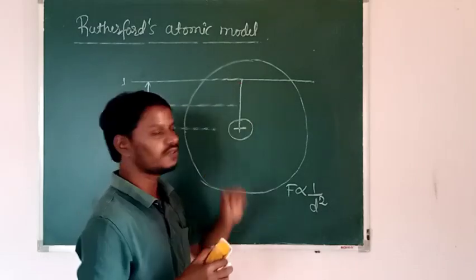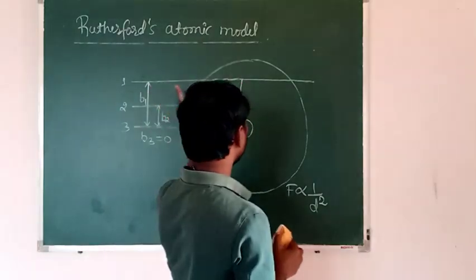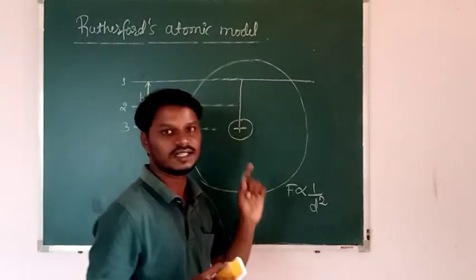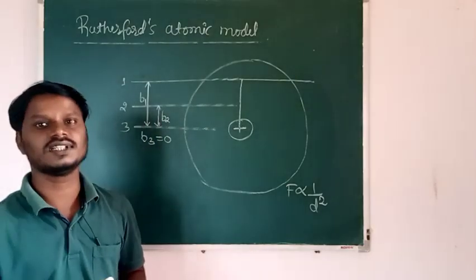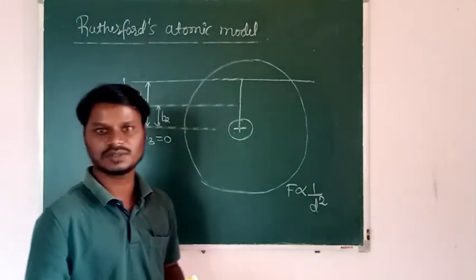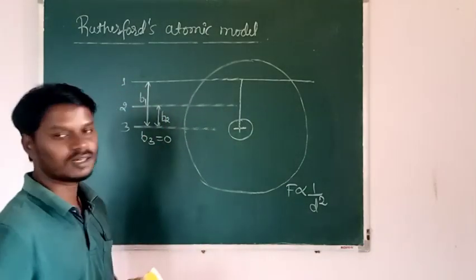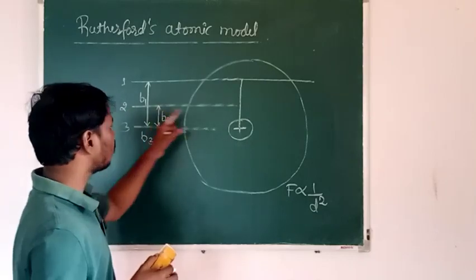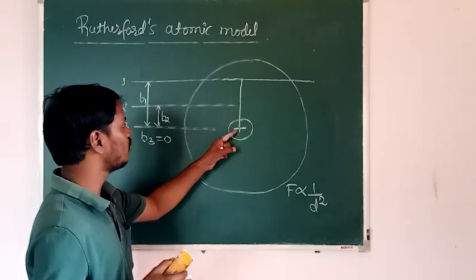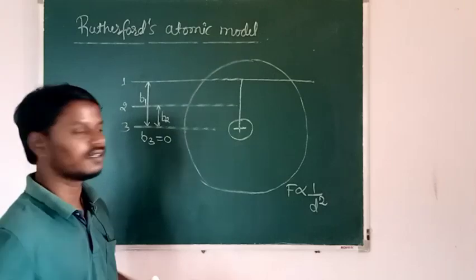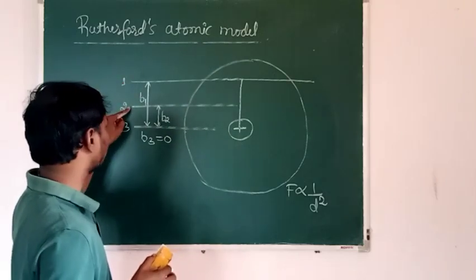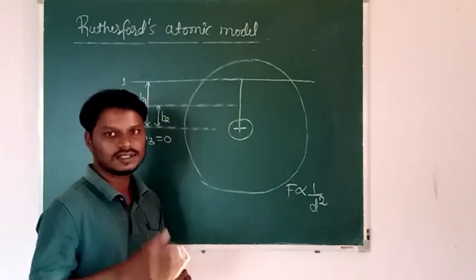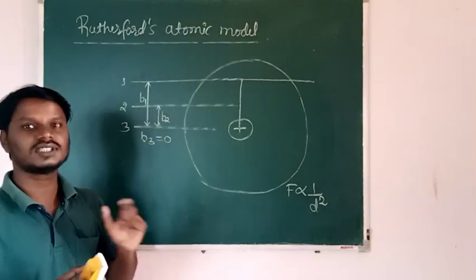It experiences a weak force, so this alpha particle will pass straight without any deflection, deviation or scattering. Then let us consider the second alpha particle. Compared to the first alpha particle, the second alpha particle is somewhat nearer to the nucleus.